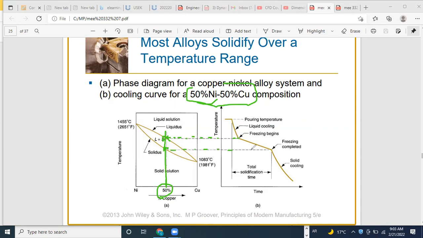Now, if you go to the graph of solidification, as usual you start with the pouring temperature. In the first phase, you have liquid cooling. You can detect freezing by the sudden change in slope.